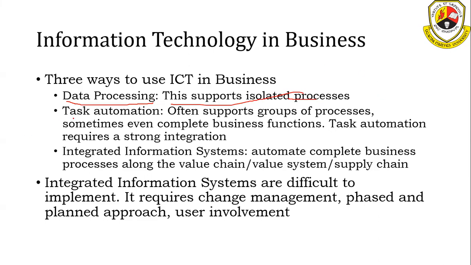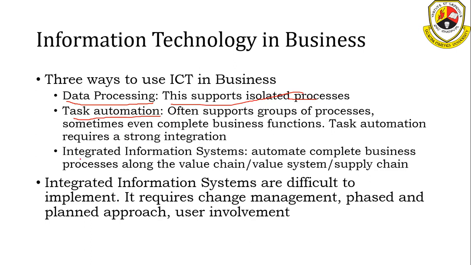Now, all of these tasks can be automated. Okay, all the tasks that we've described can be, or most of the time, are automated. So already we are seeing ICT coming in. Okay, so now these automated tasks can either work in isolated units, or they can feed from one component to the other.